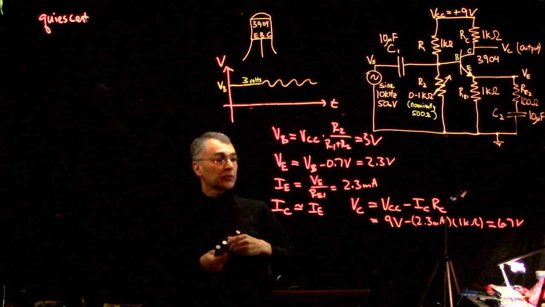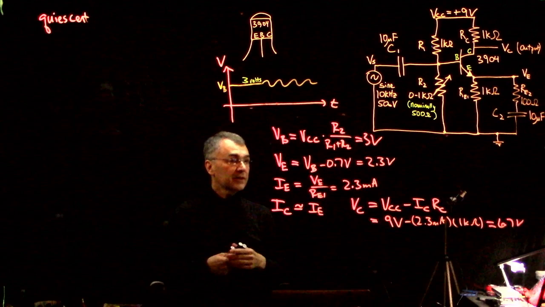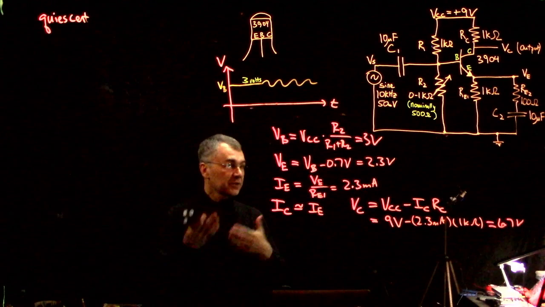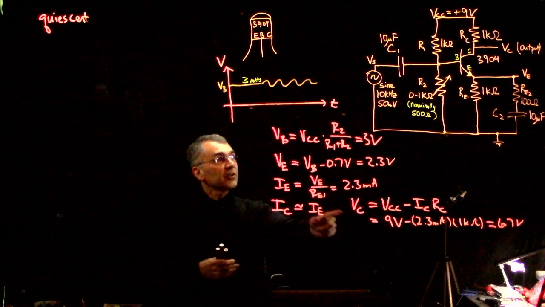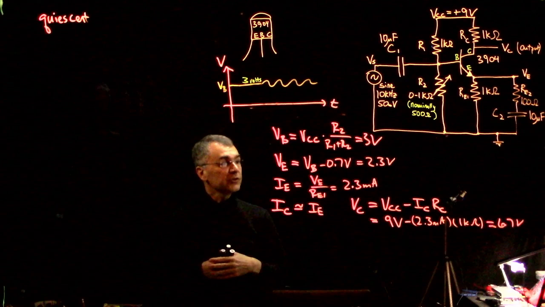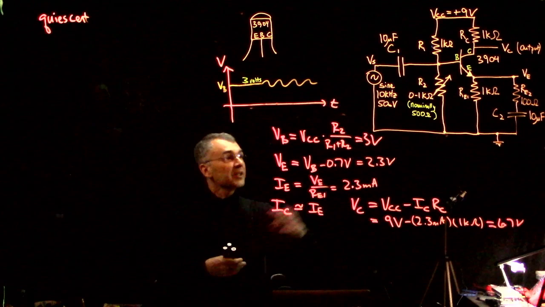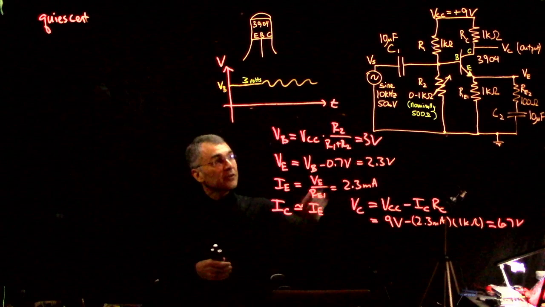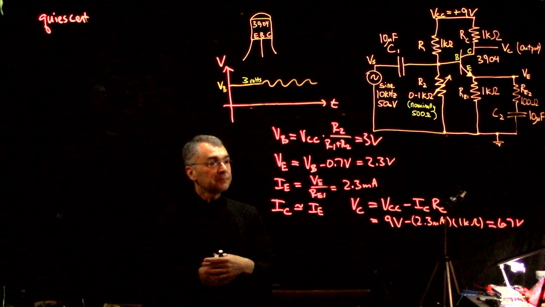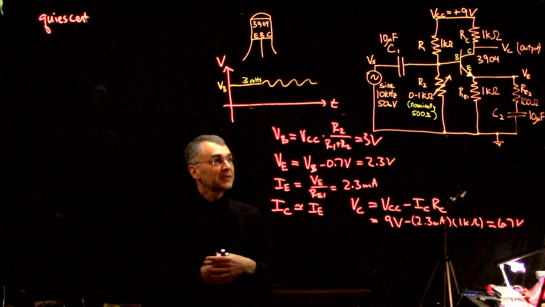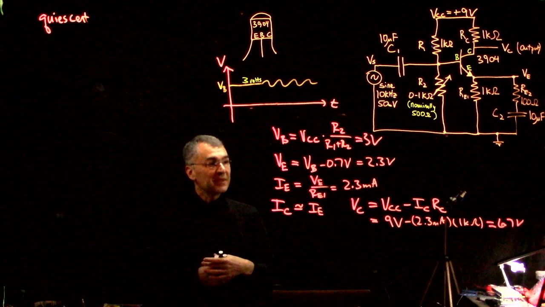If you were really going to use this in real life, you would probably design it so that the quiescent collector voltage is more like 4.5 volts. You could do that either by making the quiescent current bigger or by making that collector resistor bigger. But you've heard me say that about three times now.